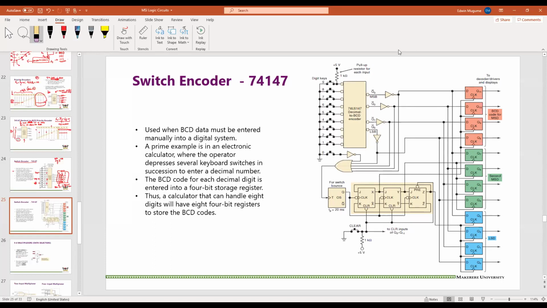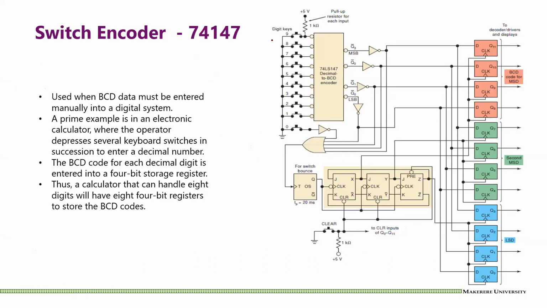Okay. Now let us look at this thing carefully. We have already seen how this works. So we want to press, let us say, 2, 4, 7, where this is the most significant bit and that is the least significant bit.